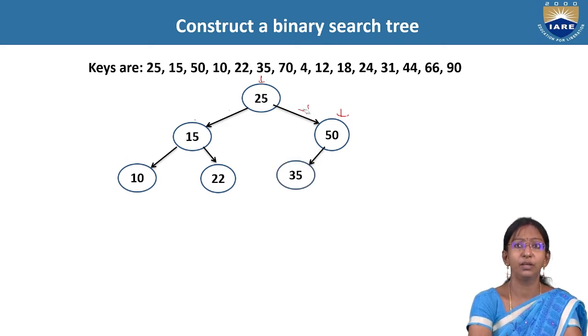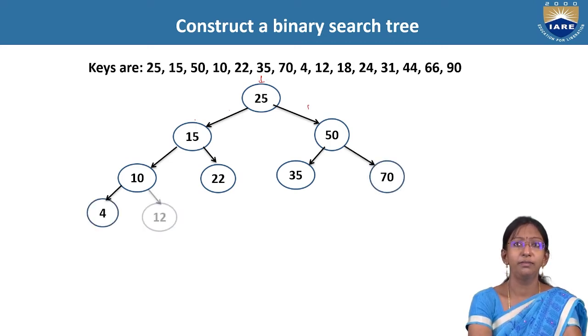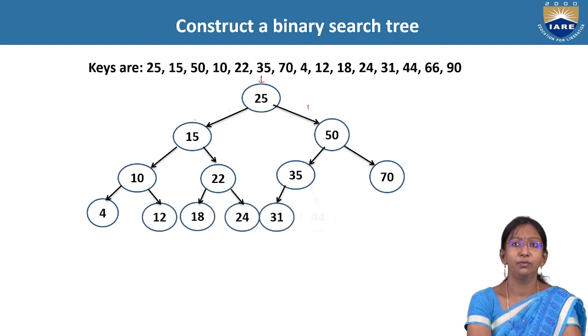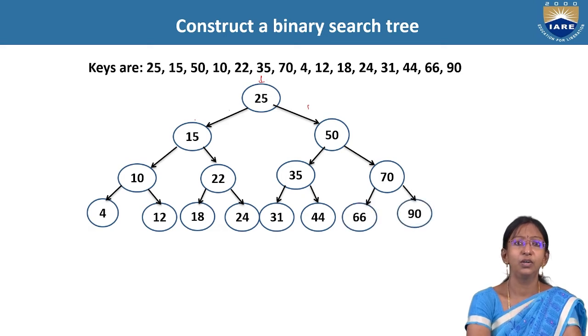You might have seen that whatever element I insert gets settled as a leaf node. Very good. The next element is 70, the rightmost element, then 4, 12, 18, 24, 31, 44, 66, and 90. So this is how a binary search tree is constructed.